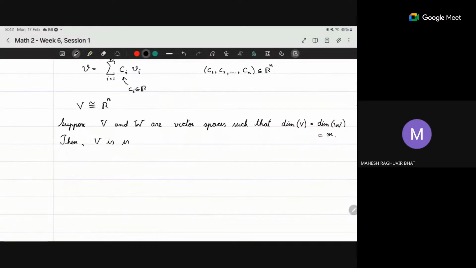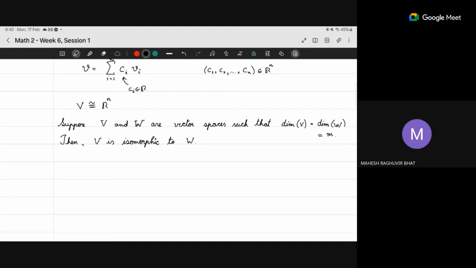V is isomorphic to W. When you say a vector space is isomorphic to another vector space, it means that there exists a linear isomorphism between them. It does not say all maps between them are linear isomorphisms. If there is even one map which is a linear isomorphism between the two, then you say that one vector space is isomorphic to another.